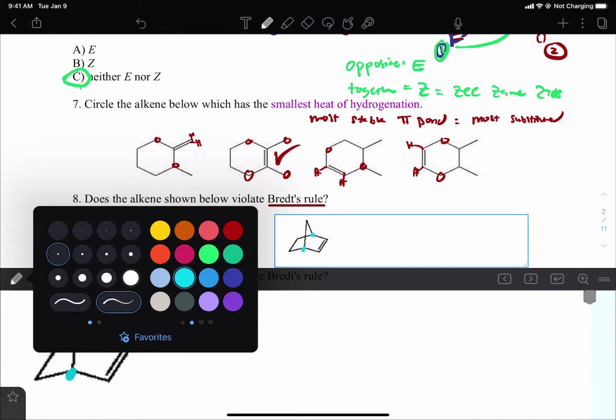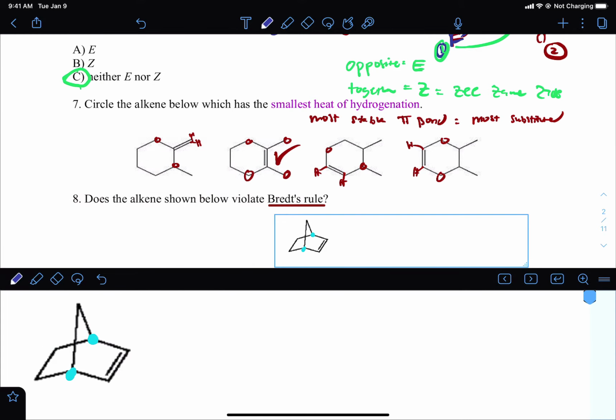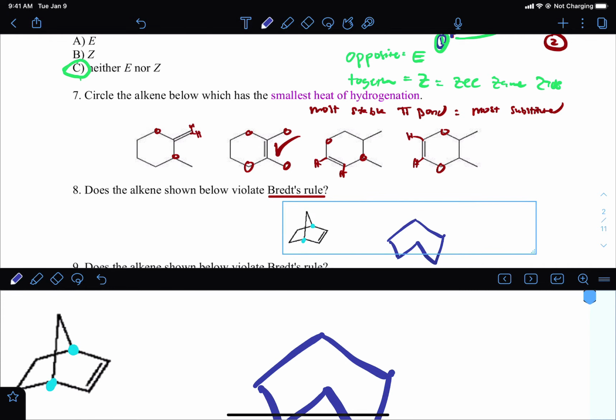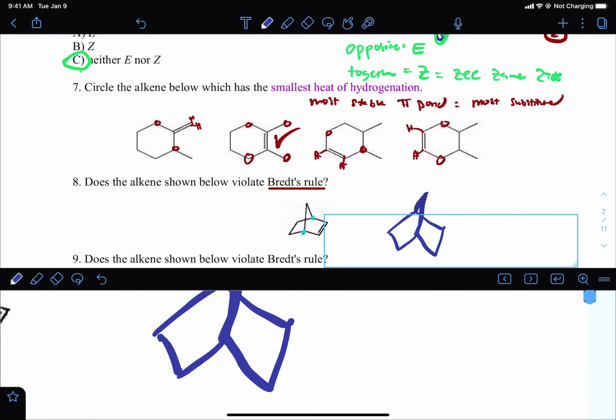Let me explain why. I'm going to redraw this. And it might look perfectly normal for me to do this, to plop a double bond there. But there's a problem.